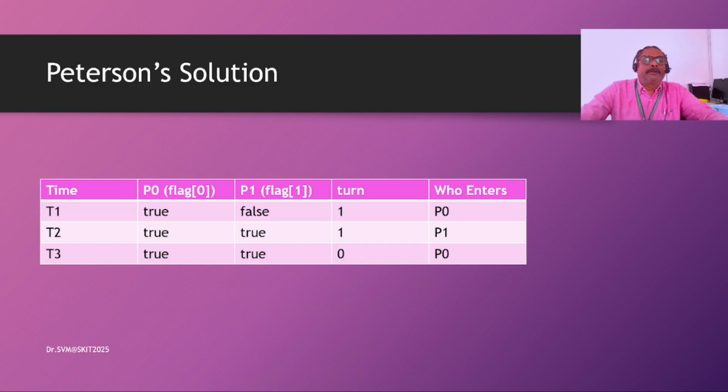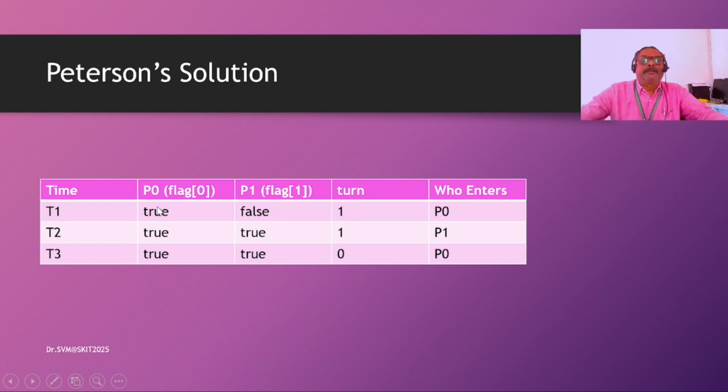So that's an example. You can think of the possibilities. If only P0 wants to enter, that is the first line we are looking at here. P0 says it is true, that means flag 0 is true, and P1 doesn't want to enter, therefore flag 1 is false. So it doesn't matter whether turn is 1 or 0.